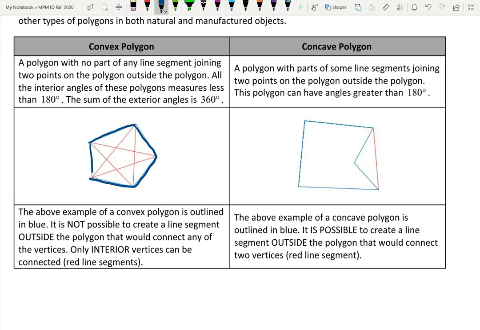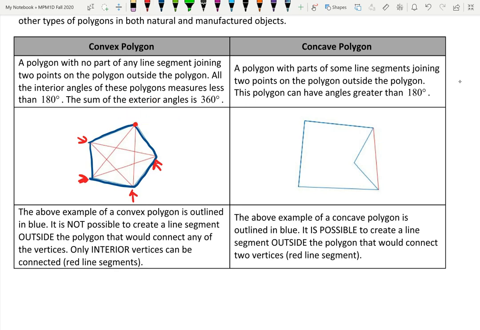A convex polygon tells me that if I drew a line segment, and remember a line segment is a straight line, outside of this polygon, I would not be able to connect from one vertex to the other. Here's a vertex. If I drew one line segment, I wouldn't be able to connect to any of these other vertexes.